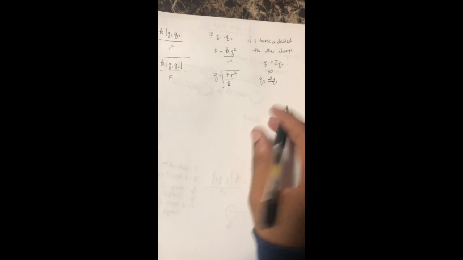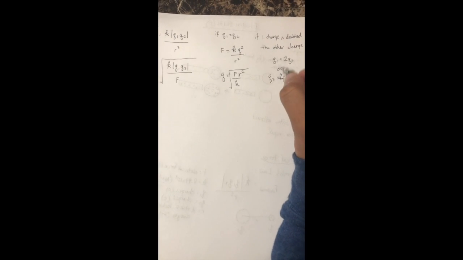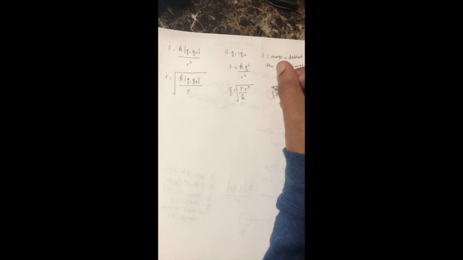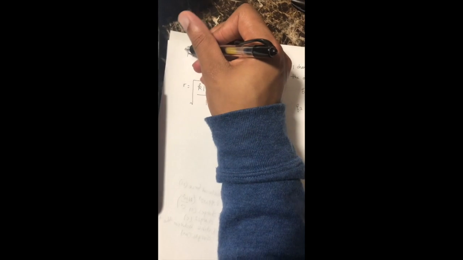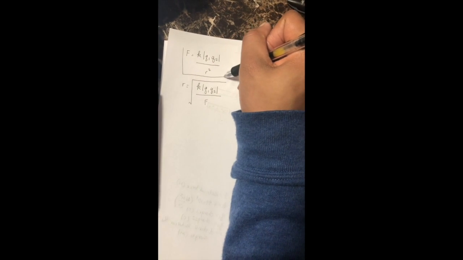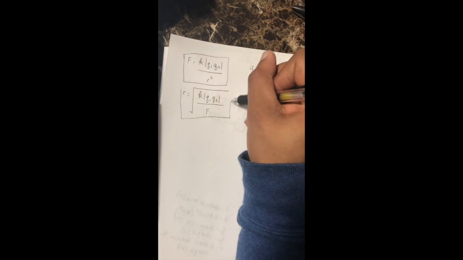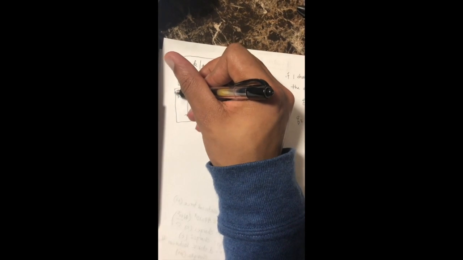So if I plug this in for Q1 into that equation, and let me just box in all my equations. So this is like my main equation. And then I can have these supporting equations.